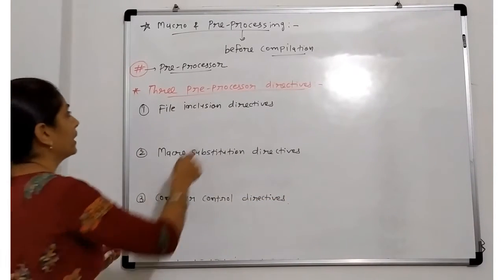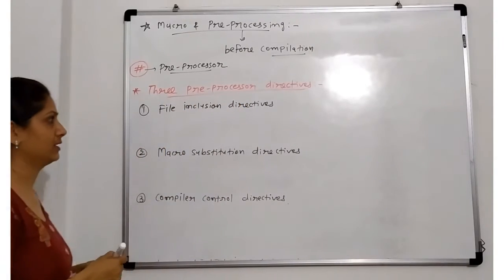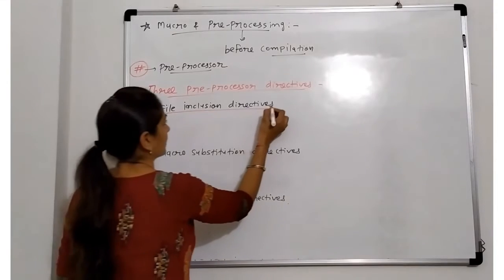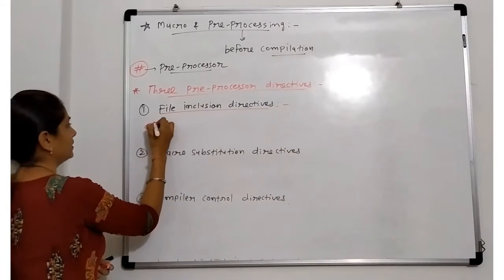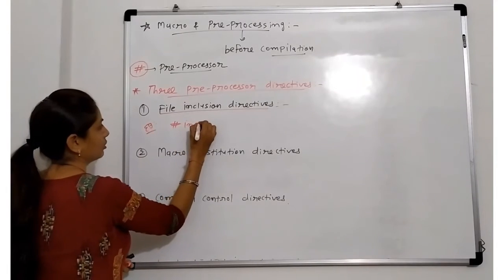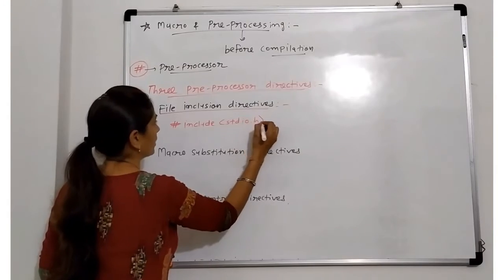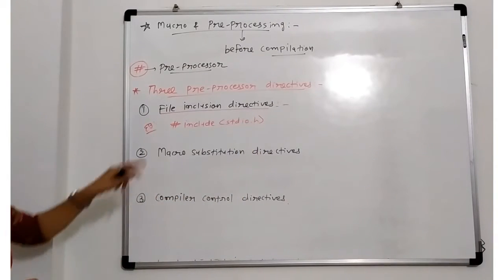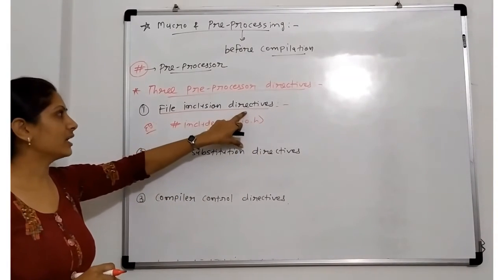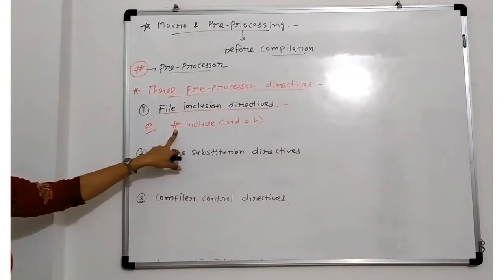Now, the preprocessor indicates that each and every line starts with a hash sign. In the file inclusion directives method, the example is hash include stdio.h, always starting with the hash symbol. The first line of our program is this. This is nothing but the file inclusion directive that performs as a preprocessor, because here we are writing the hash sign.